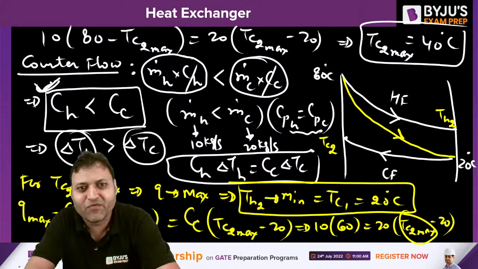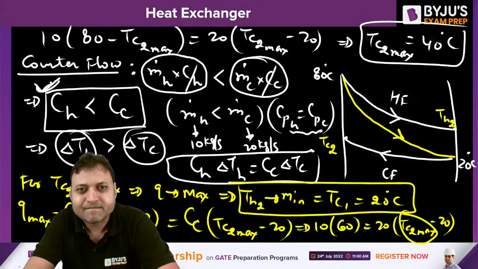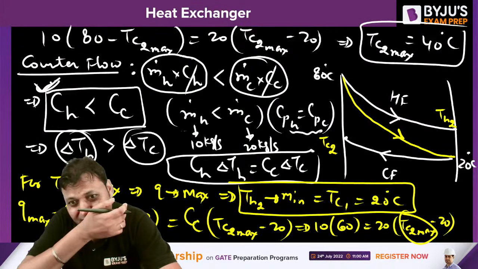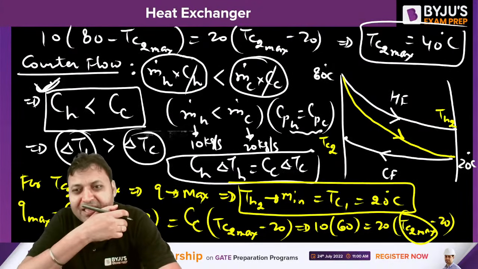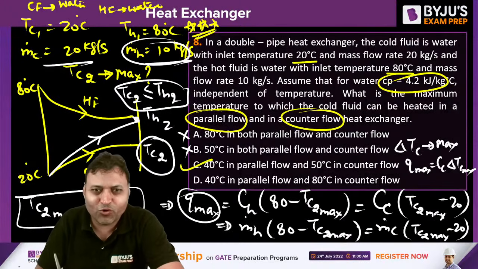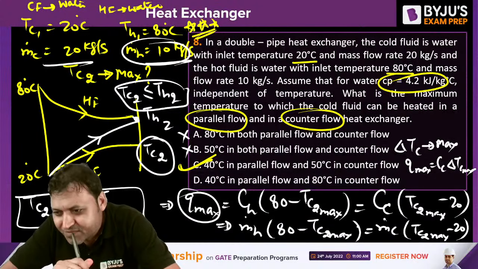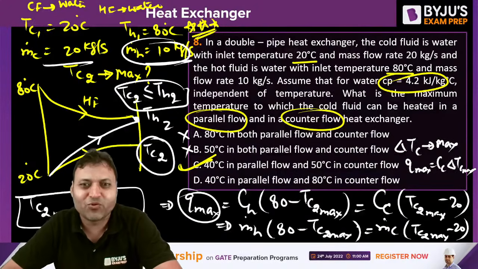Is this clear to everyone? The answer will come out to be 30 plus 20, that is 50. Tc2 maximum will be 50 for counterflow. Option C is the right answer. It will be 50 for counterflow, 40 for parallel flow.